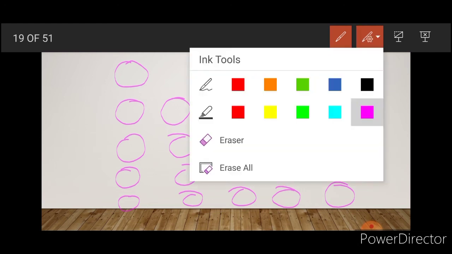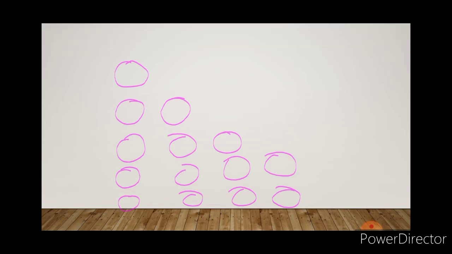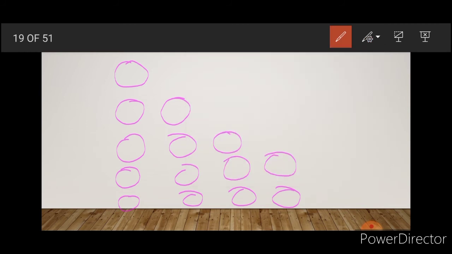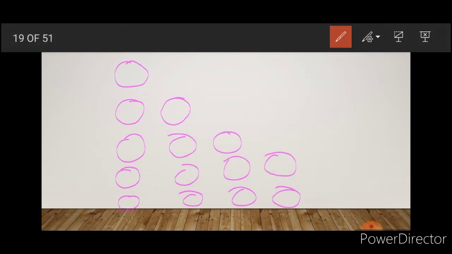S, P, D, F. Okay, now in the first, this is n equals 1, n equals 2, n equals 3, n equals 4, n equals 5, and 6, 7 also you can draw.